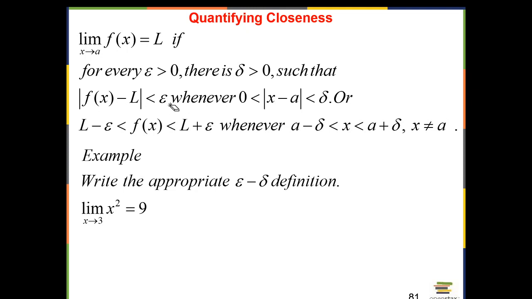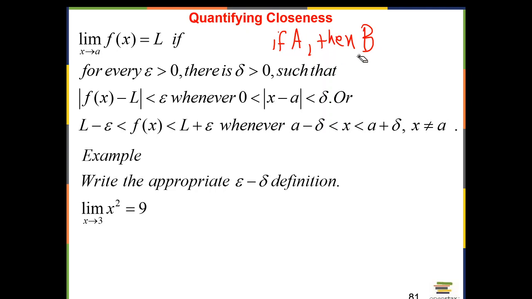Now we have two choices for the second part. The statement is: if A, then B, right? In math, if you have a statement like this, it's a conditional statement. It's a one-way statement.